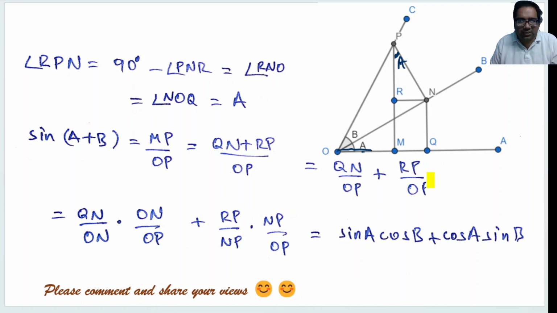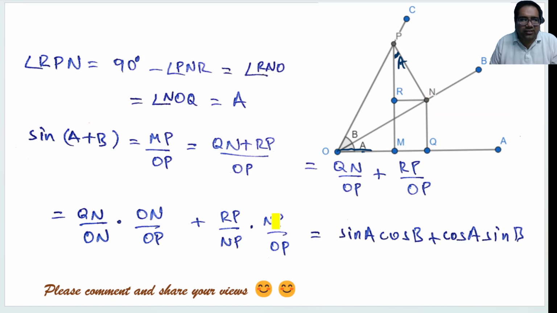So RP by OP we write as RP by NP times NP by OP. This doesn't disturb the fraction. What is RP by NP? We decided this is A, so this is adjacent side and this is hypotenuse of this right angle triangle, so this is cos A.